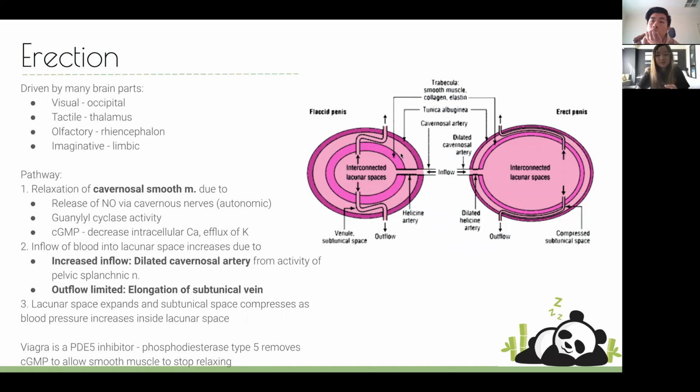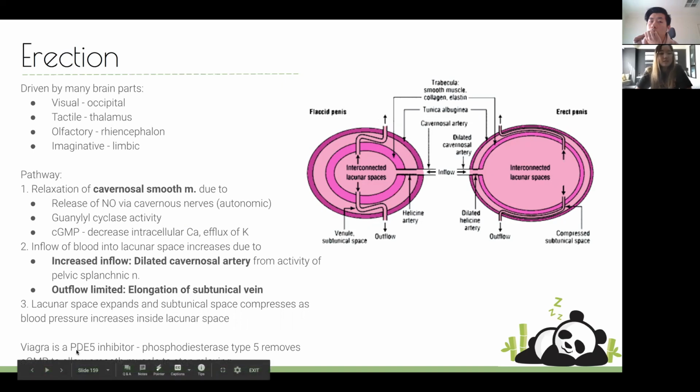So you can see that muscle has relaxed, allowing blood into the lacuna space. That's due to increased inflow via the dilated cavernosal artery, as well as limited outflow. So blood can get in, but it can't get out, because of elongation of the subtunical vein. Because of that, you get blood trapped in there. And that's basically it.